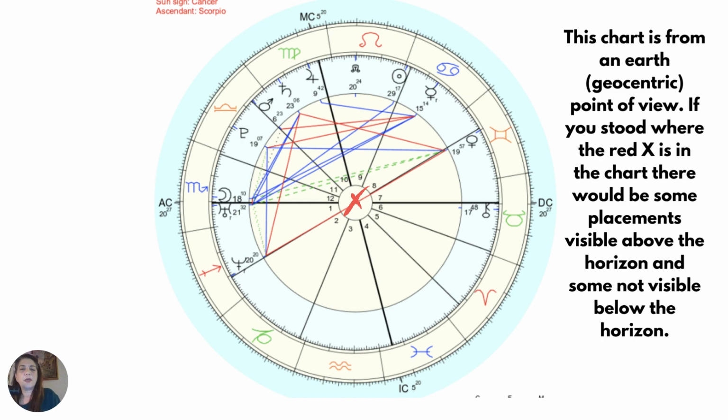The chart is from an Earth-centered point of view. That means when we say geocentric, that's an Earth-centered point of view. If you stood where the red X is on the chart, right there where X marks the spot, there would be some things above the horizon you could see and some things below the horizon you couldn't see. Some things you'd need a telescope for.